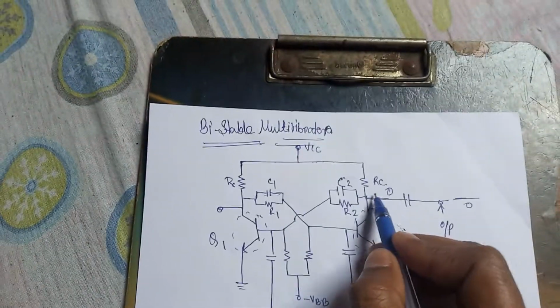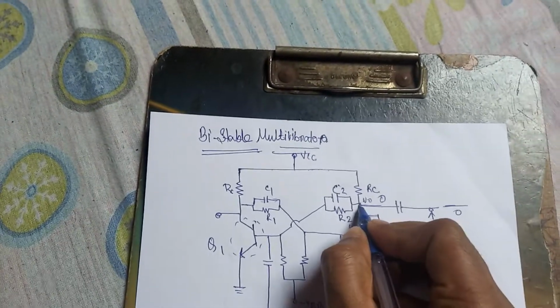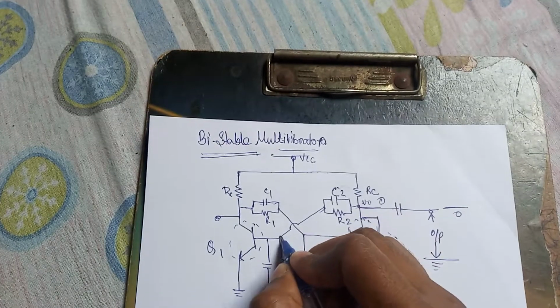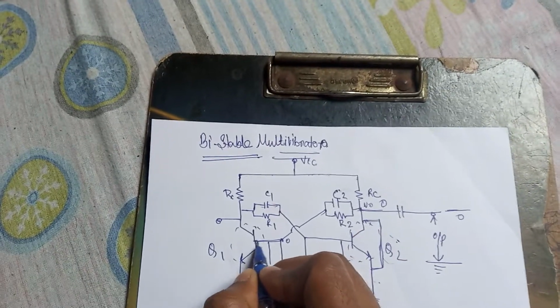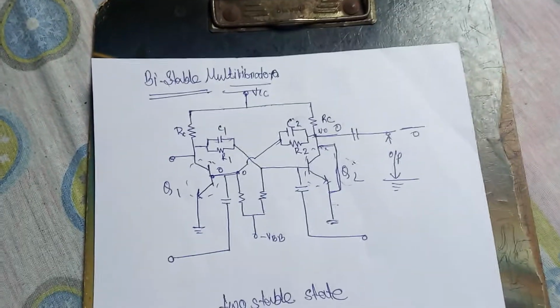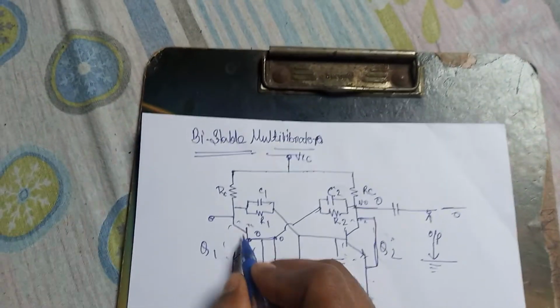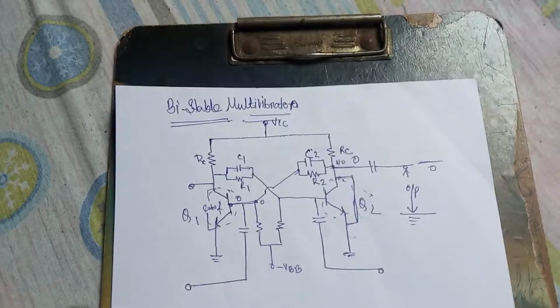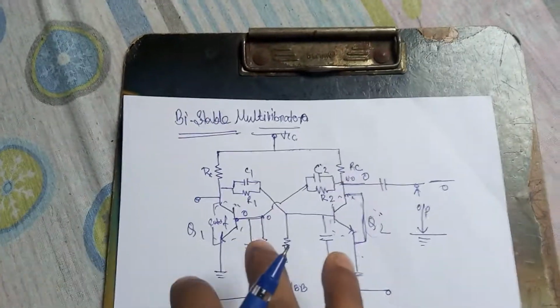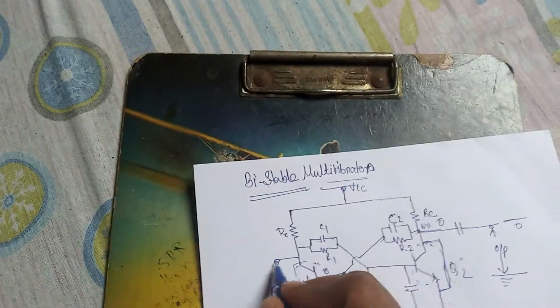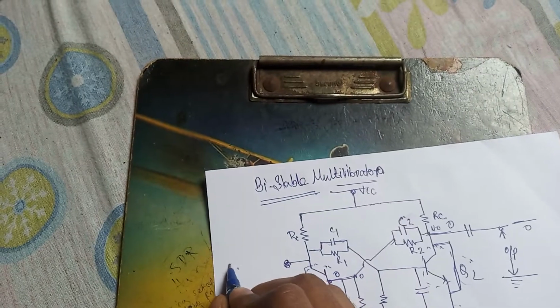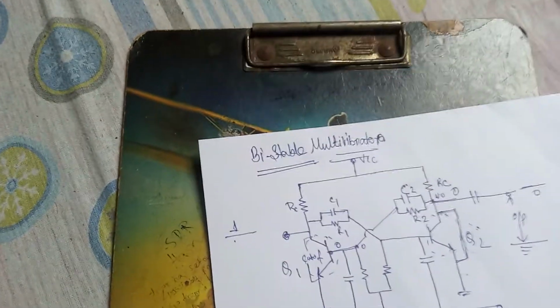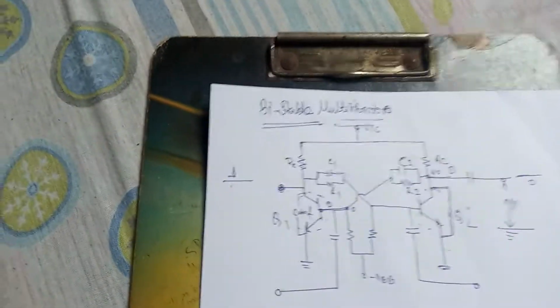This 0 voltage also comes across the base of transistor Q1, so it is in the cutoff state. As it is in the cutoff state, the output voltage will be high. Take it as 1. The output voltage here is high, or 1.